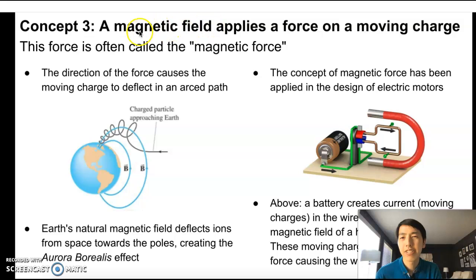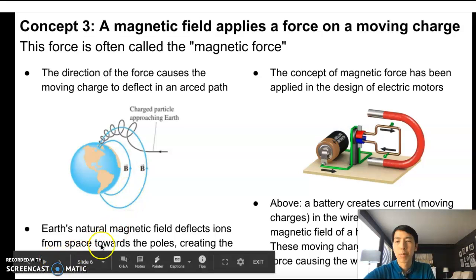So a magnetic field does apply a force on a moving charge, and it causes those charges to deflect in an arced path. One natural example of that is the aurora borealis.